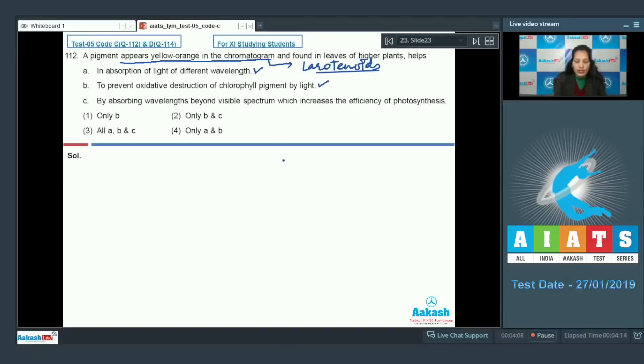Hence, it protects the chlorophyll from the excessive heat. So this is true. C. by absorbing wavelengths beyond visible spectrum. No, they absorb the wavelengths in the visible spectrum range, that is 400 to 700 nanometer. So this is incorrect. So the correct is A and B. By analyzing the options, you can say the correct option for the given question is option number 4. Let's move on to the next question.